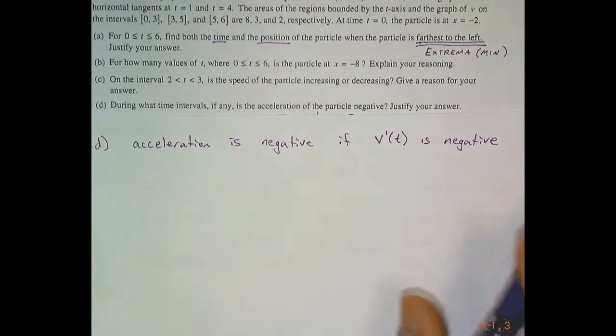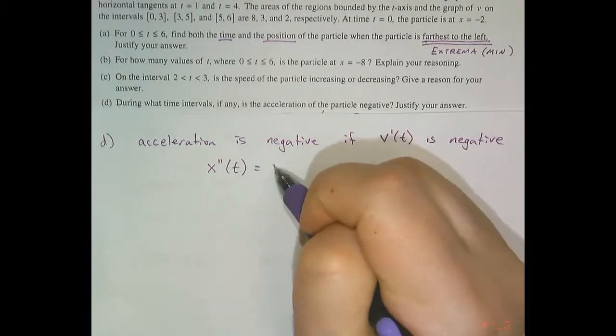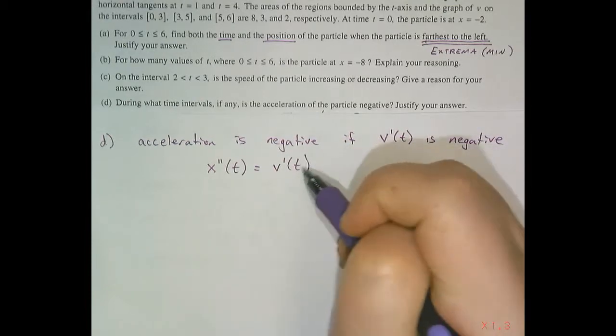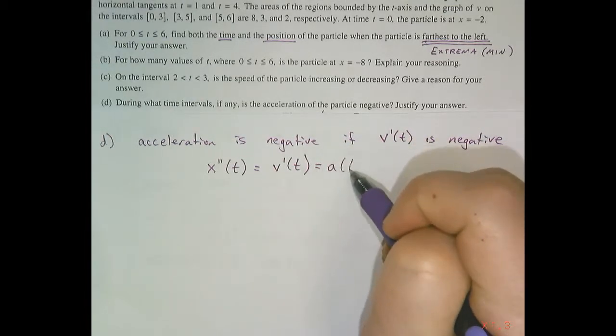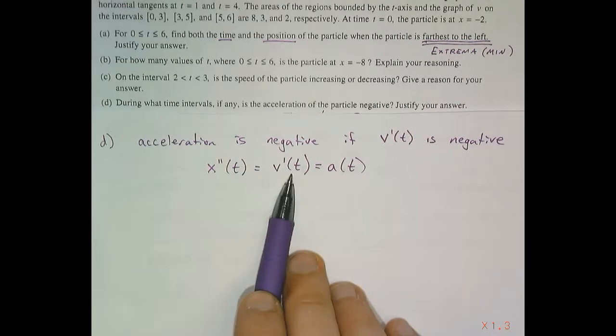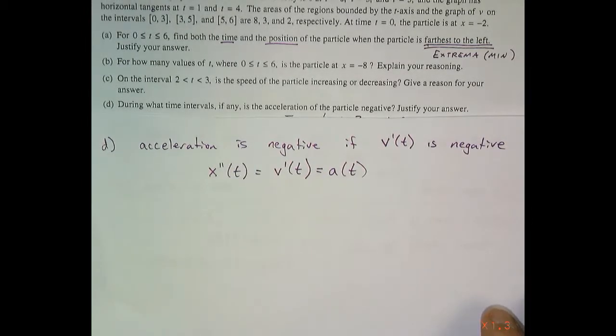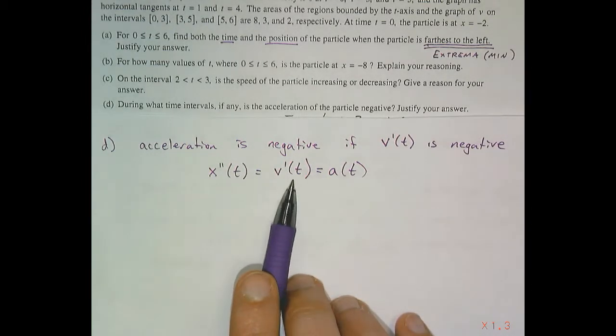And we know that because the derivative of position is velocity and the derivative of velocity is acceleration. So that relationship there, acceleration is negative if v prime of t is negative. Okay. So we're looking for when is v prime of t negative?